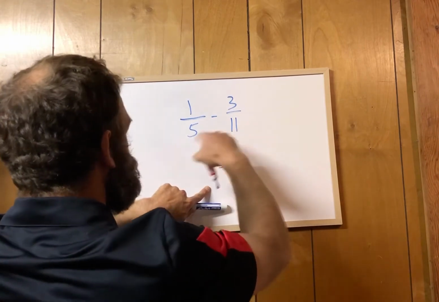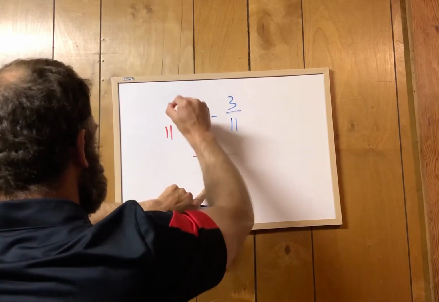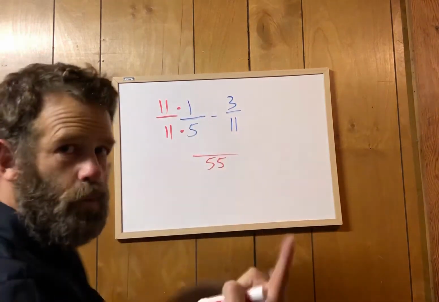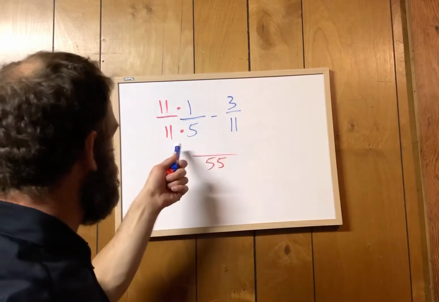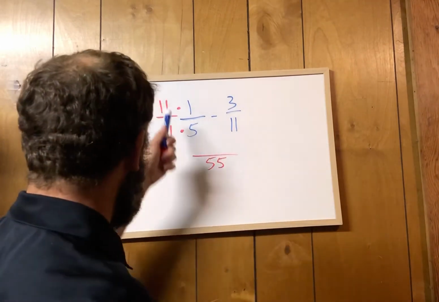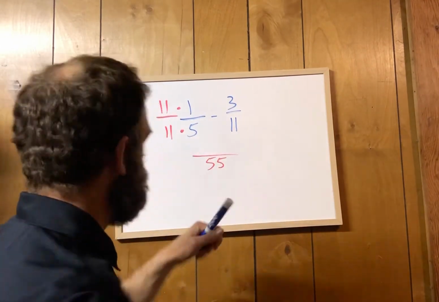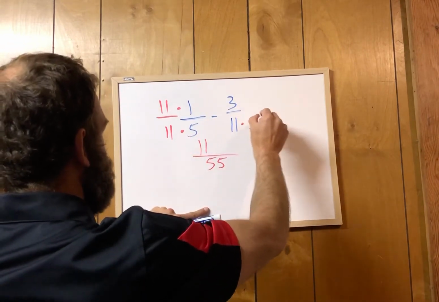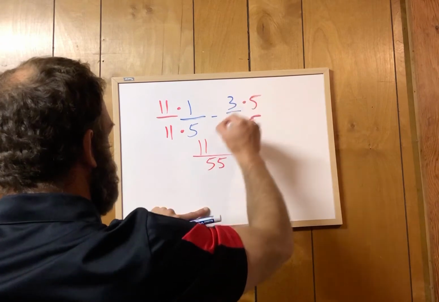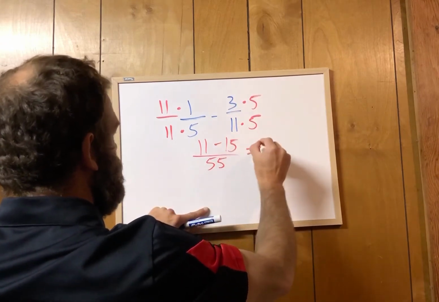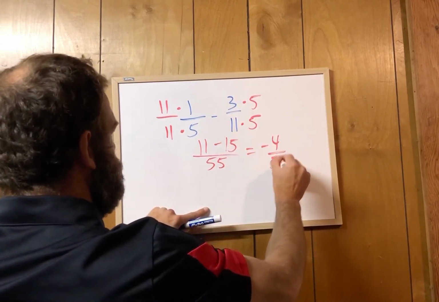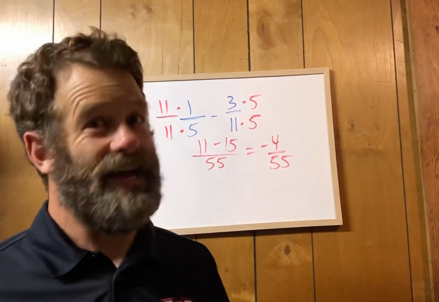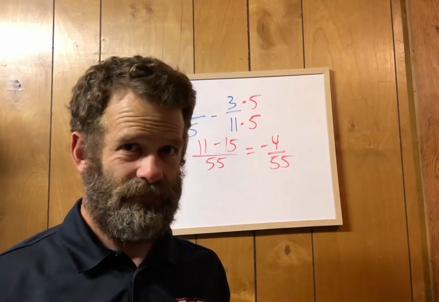Then you multiply this side by 11 on the top, because 11 over 11 is 1. So technically, you're not changing the value, you're just making it look a little different. 1 times 11 is 11, and then multiply this by 5 to get 11 minus 15, to get negative 4 over 55. Super, yeah, I know, super simple.